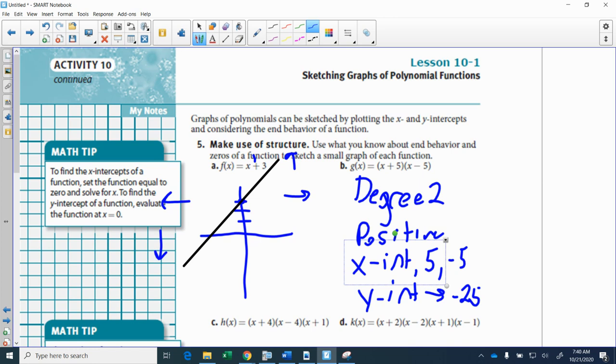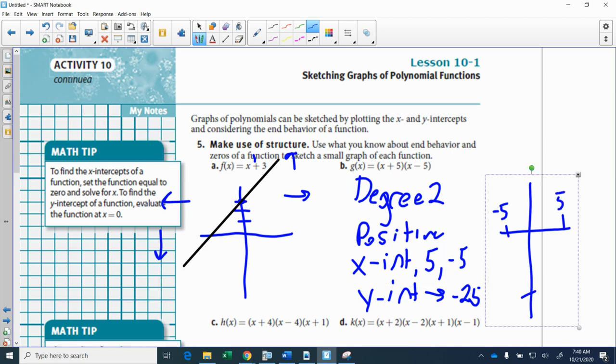I can even go farther than that. I know it's a degree 2 function. I know it's positive, so my end behavior just has to be pointing up. So I could make a short sketch of this by saying this is -5, 5. Let's say this is -25. And I know it's got to look something like this.